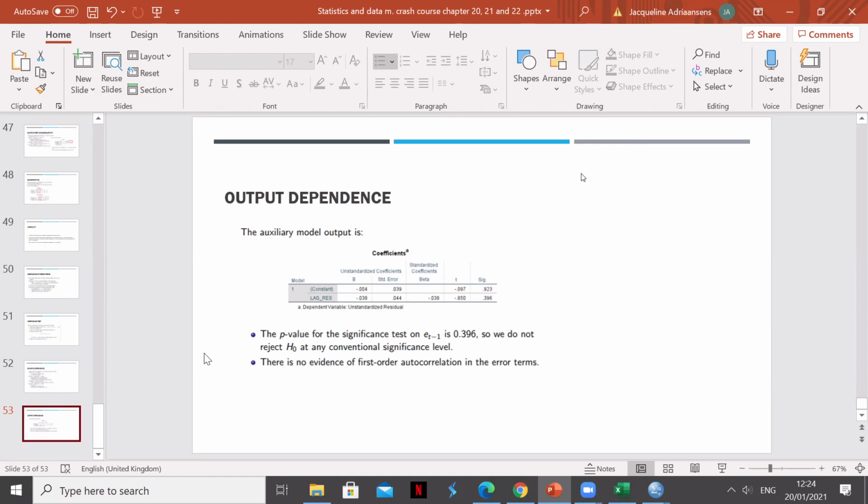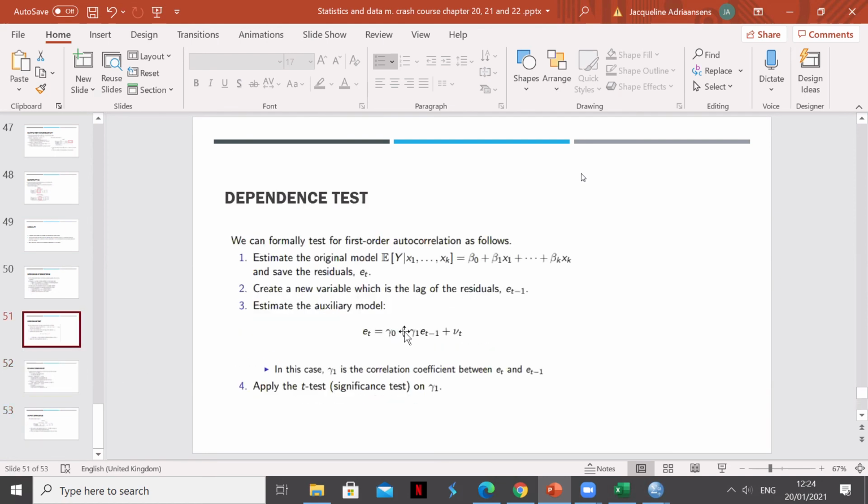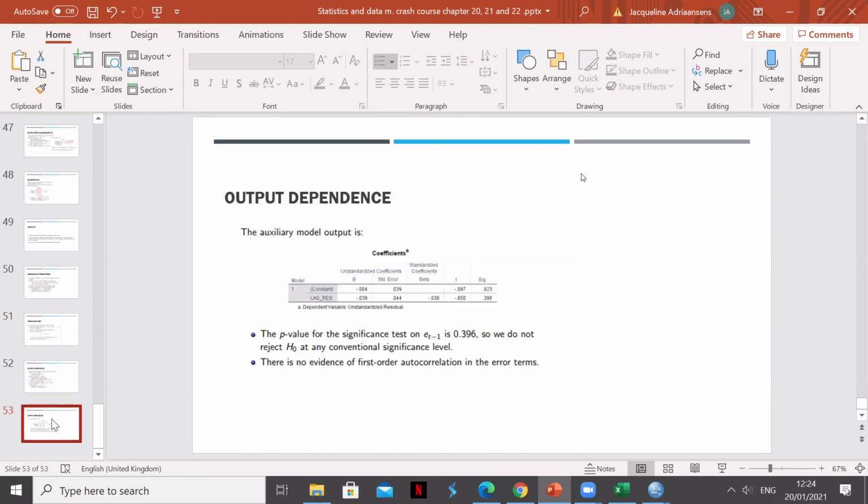And here we say we cannot reject H0, which means that the beta, or we call it the weird Y thing, Y1 I call it, is not statistically different from 0. So we don't know if it's different from 0, so it might be 0. So we don't reject H0.